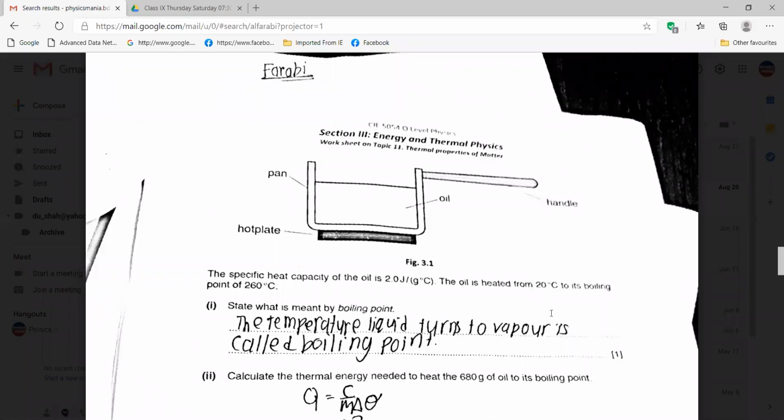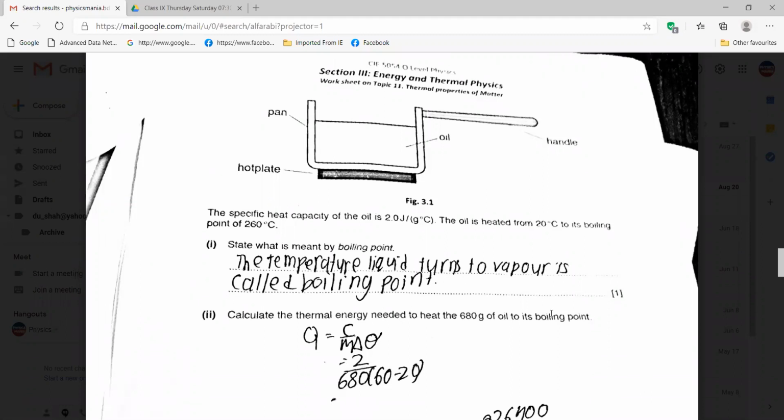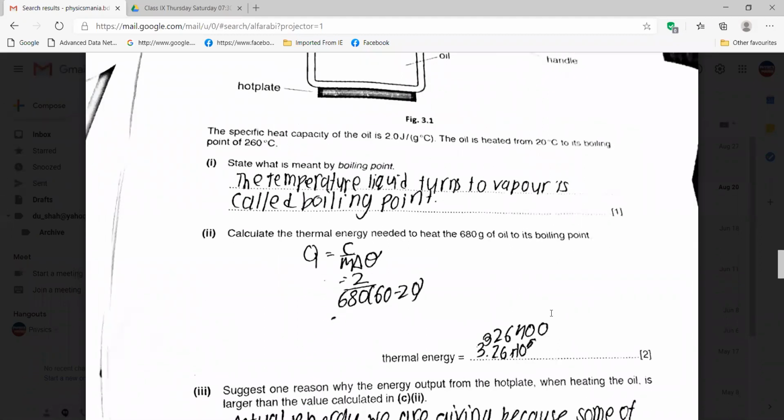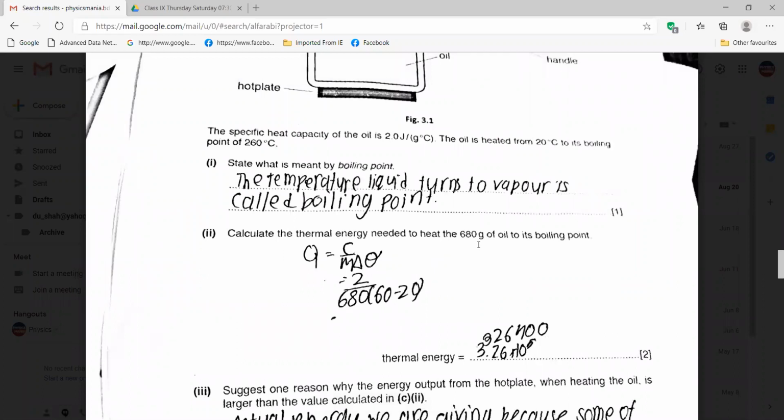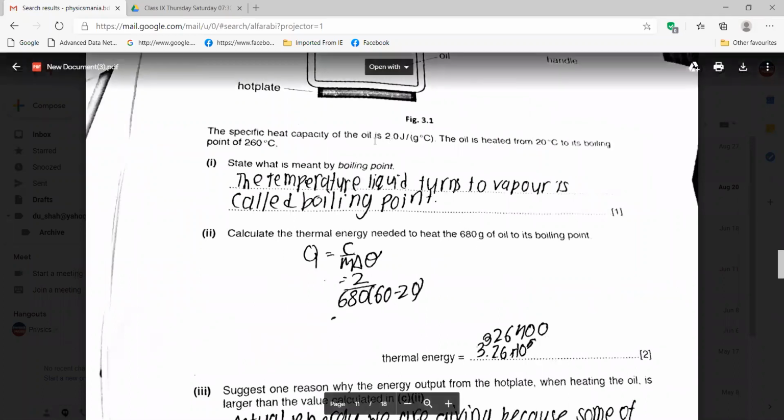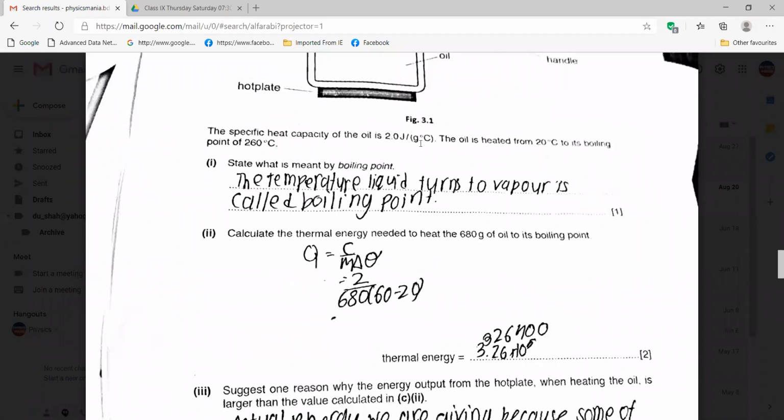Calculate the thermal energy needed to heat the 680 gram of oil to its boiling point. Look here, it's very important that 680 gram is given in gram, but we did not change the unit. Why? Our specific heat capacity is given in joule per gram degree Celsius. So be careful.